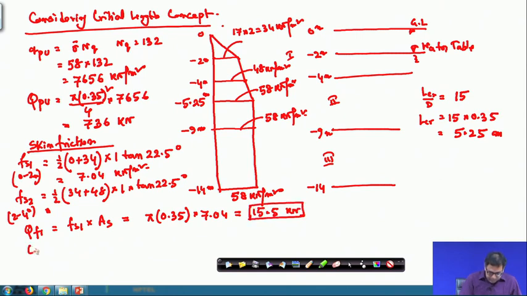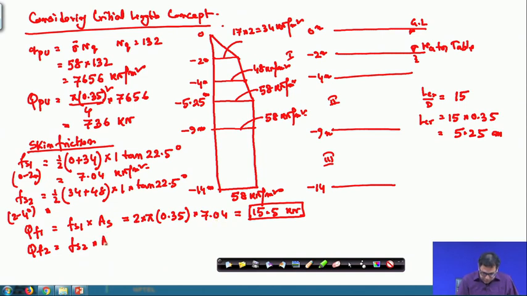Okay. Similarly, QF2 is Fs2 into pi d and there will be L also. L is 2 meter, because this is 0 to 2 meter, into Fs, this is 7.04.